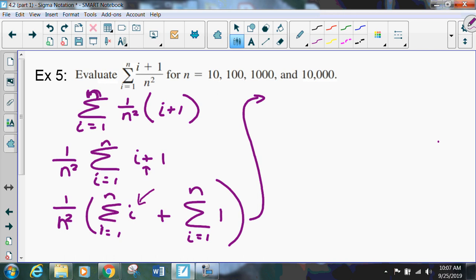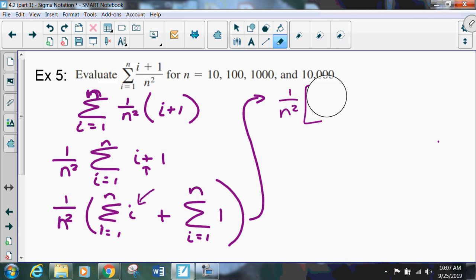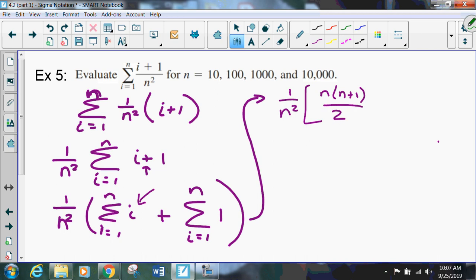So I know that I can simplify that as n times n plus 1 over 2. Right? And then this one right here, 1 is a constant, right? So that's going to be using theorem 4.2 number 1 that says it's the constant times your upper bound. And so that's going to be plus 1n.